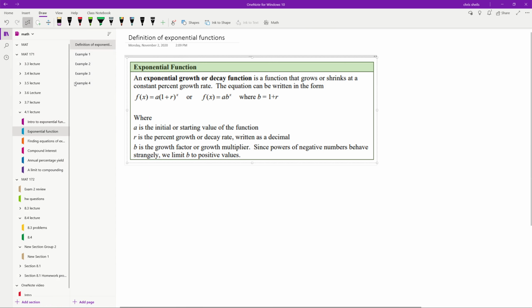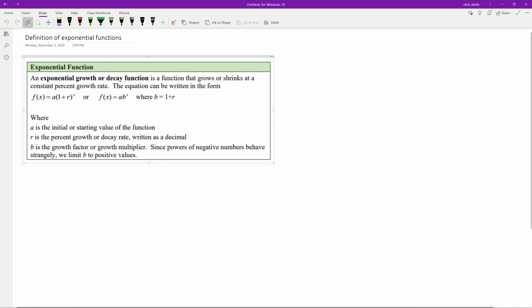So this brings us to the general form of an exponential function here. An exponential growth or decay function is a function that grows or shrinks at a constant percent growth rate. The equation can be written in the form f of x equals a times 1 plus r to the x power, or f of x equals a times b to the x power, where b is equal to 1 plus r.